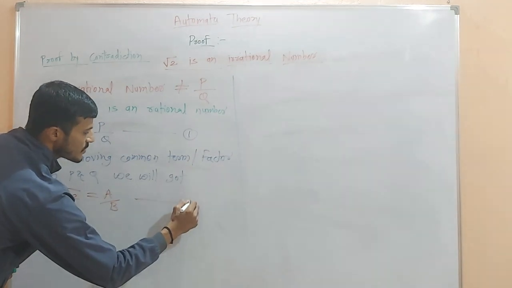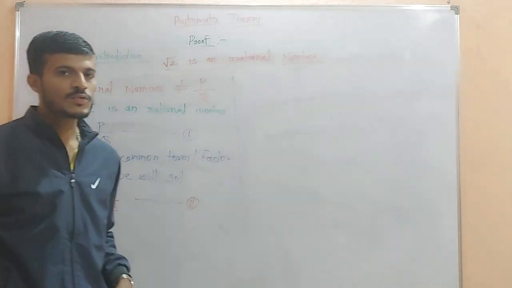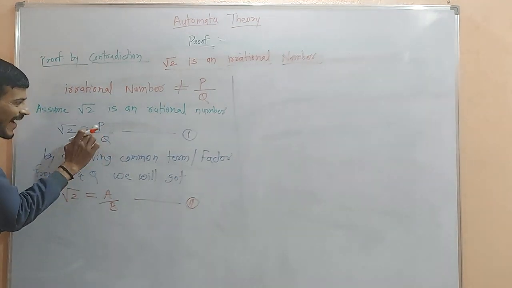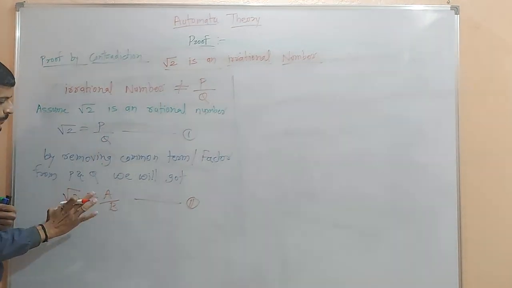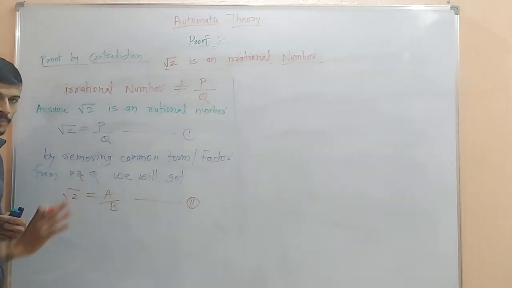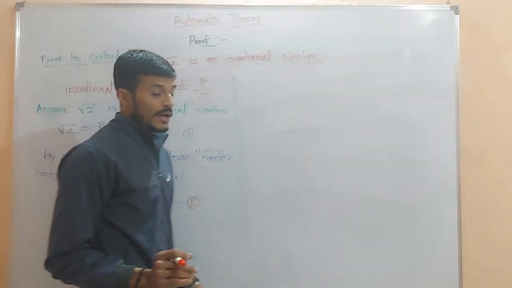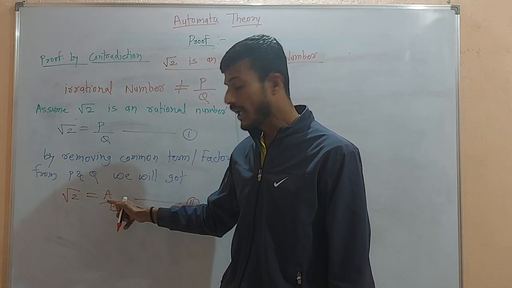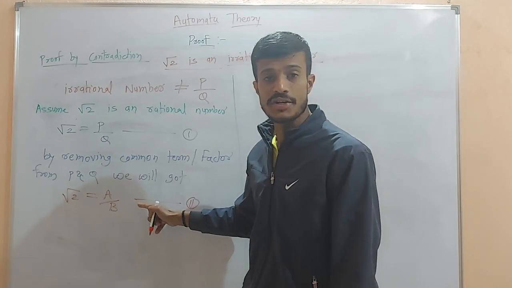Let us say this is equation number 2. Meaning we have removed the common factor from p and q, and after that we got root 2 equals a upon b. So a and b don't have any common factor. That is the consideration.